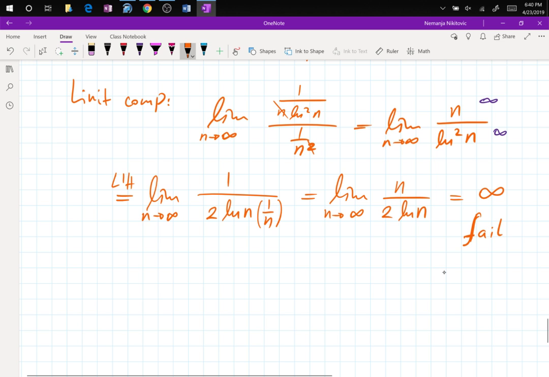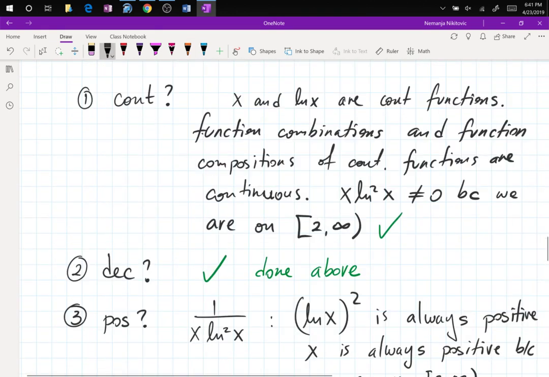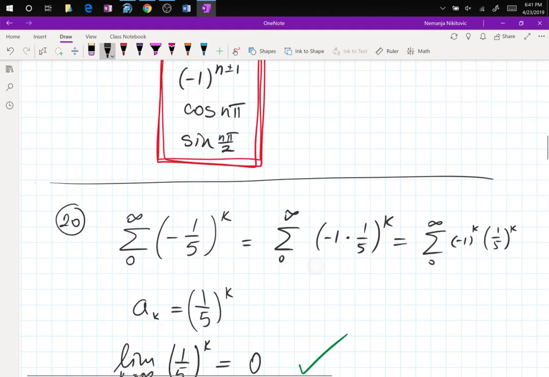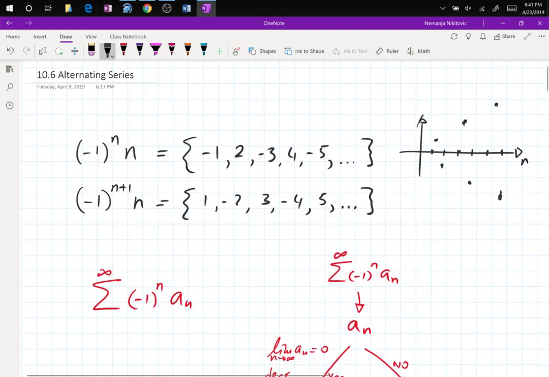So use integral. Unless I made some mistake along the way, but you get the idea that this stuff can be very, very tricky. All right, so where's the beginning? There we go.